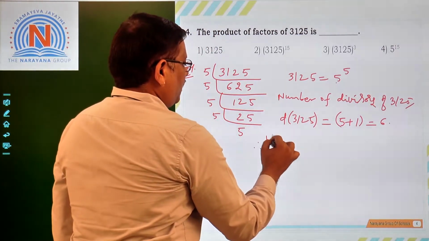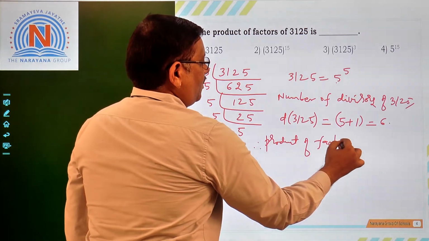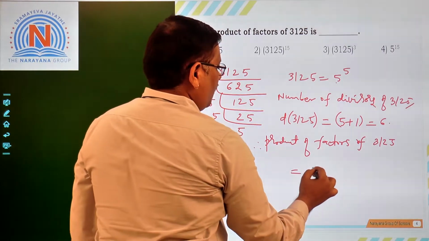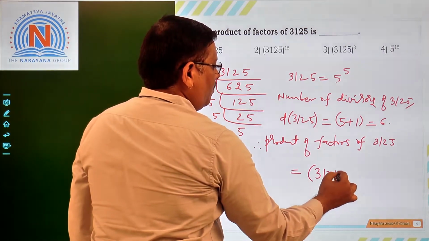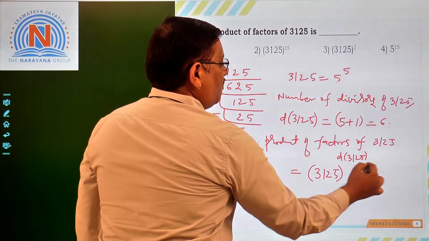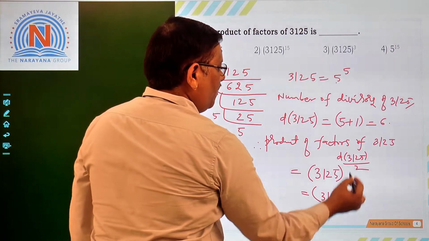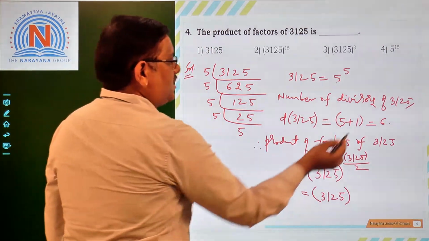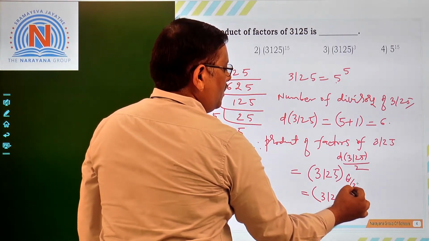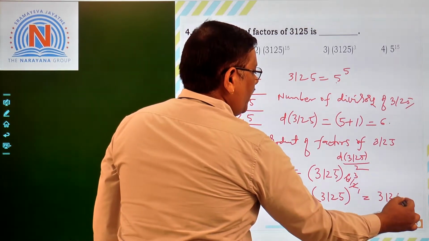Therefore, the product of factors, or product of divisors, of 3125 is equal to n to the power of d upon 2, that is 3125 to the power of 6 upon 2. 6 upon 2, 2 threes are 6, that is equal to 3125 whole cube.